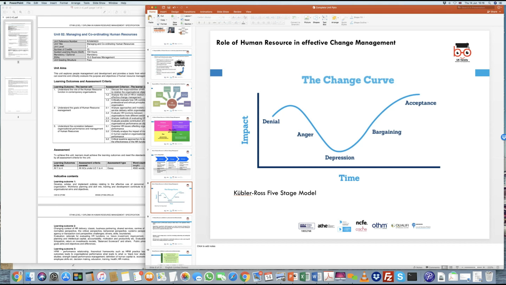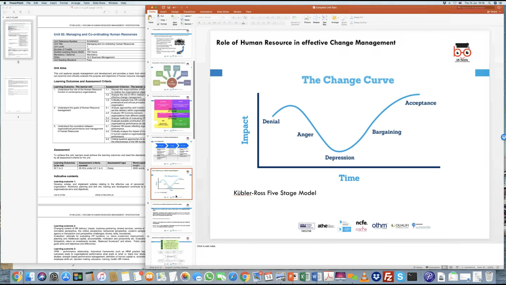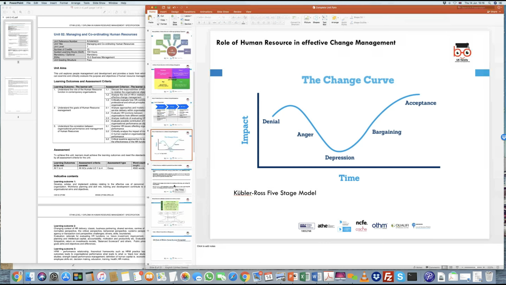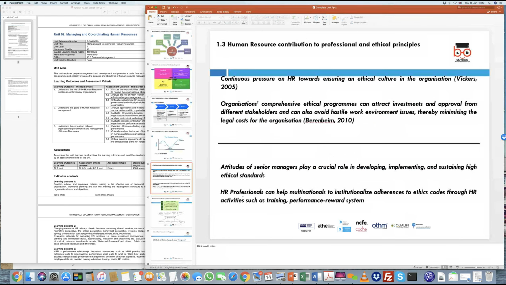And they start to accept that change, start getting into a bit of work. And at some stage, they are able to accomplish it. So these are the stages that you go through when you look at changes that are introduced by the human resources department for staff or people in the organization. Okay? Yes, sir.